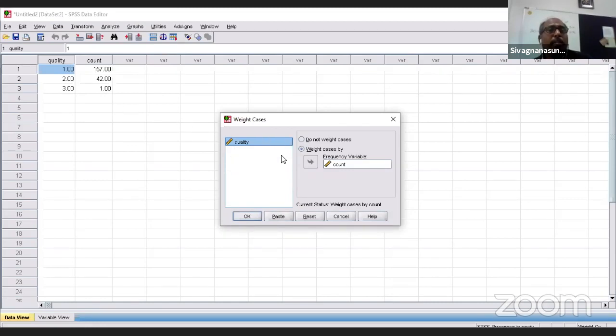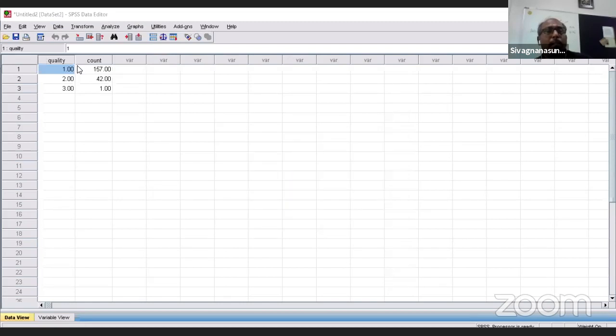I'm weighting the cases by count, moving count into weight cases by. Click OK. By this, SPSS understands that instead of entering the data in a conventional way, I have changed this. So now it will understand that 157 ones are there.